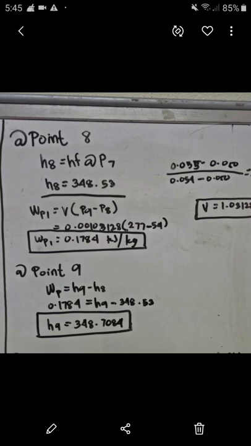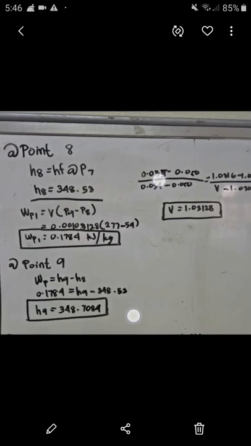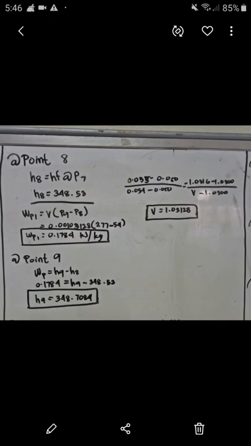So we have the work pump 0.1784 kilojoules per kilogram. At point 9, we have the work pump is equal to H9 minus H8.